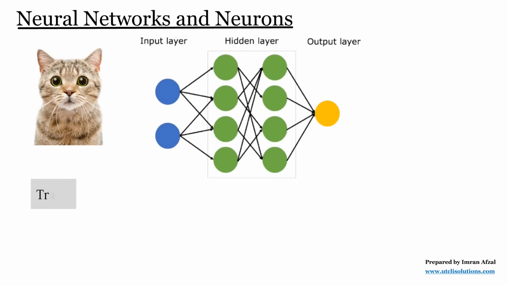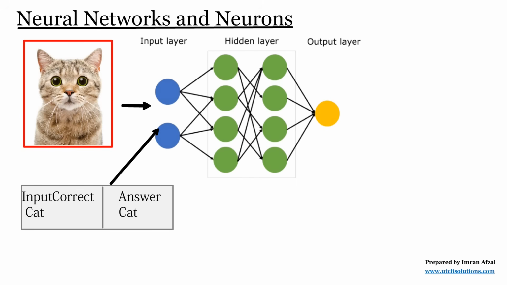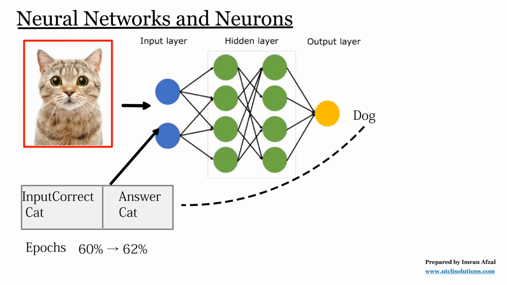After compiling, you train the network by giving it the input data and the correct answers. This training process repeats many times in cycles called epochs, where the network improves a little more each time. During training, the neural network makes guesses, checks how close it is to the right answer, and then makes changes.